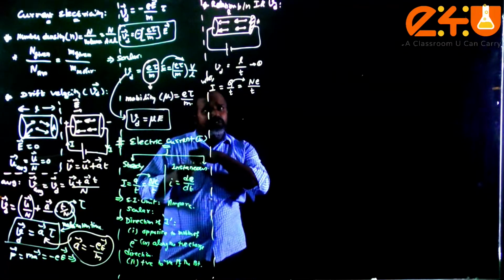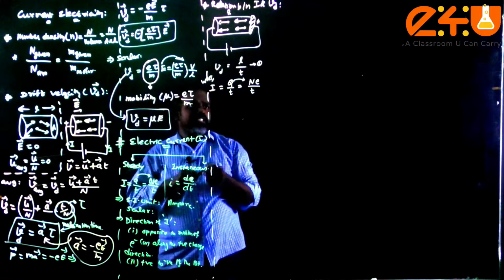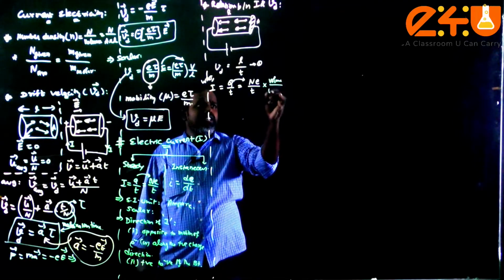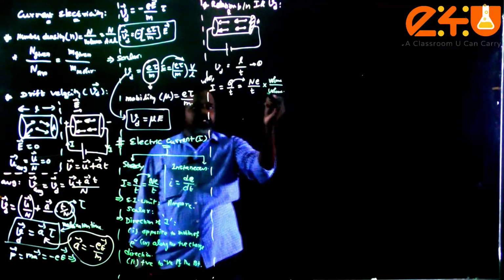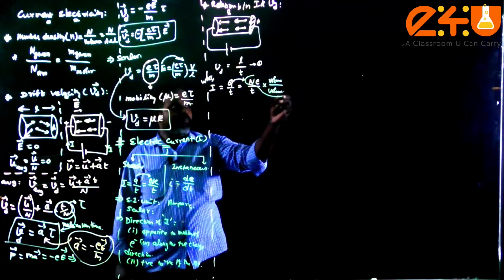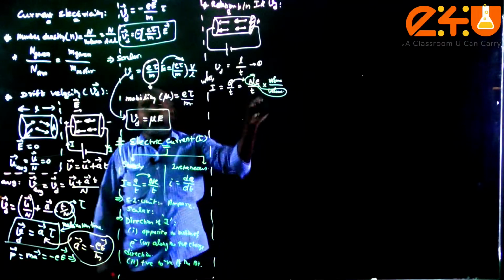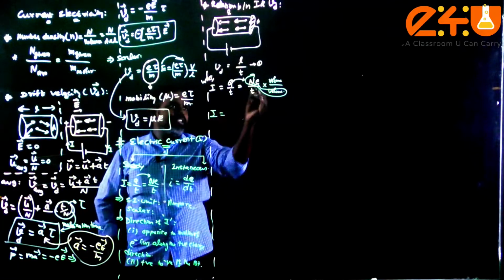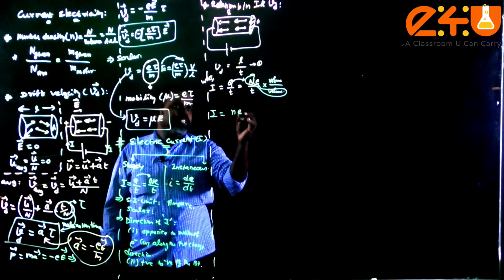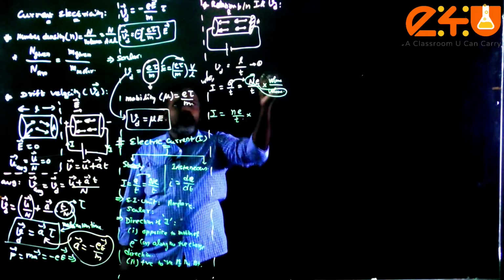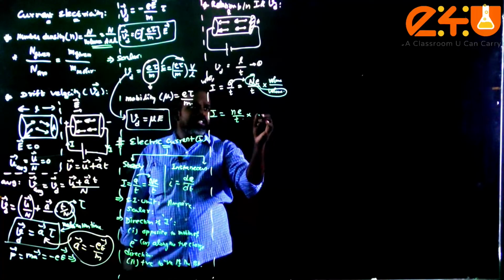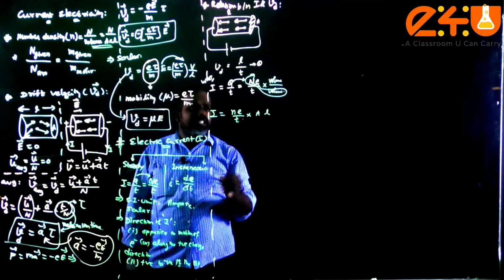Now what I am going to do is multiply and divide by volume. Number density, that is the number of free electrons per unit volume, is called n. Therefore I is equal to n e divided by t, into the volume of the conductor, which can be written as area into length.